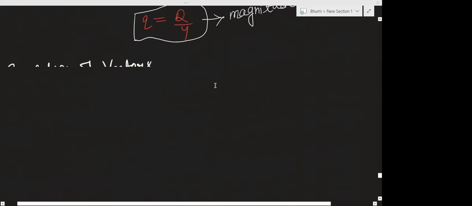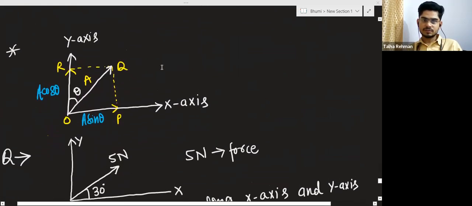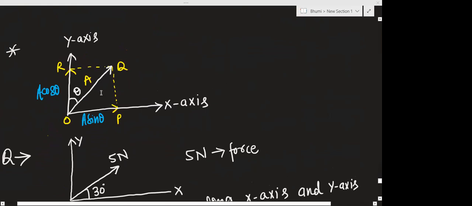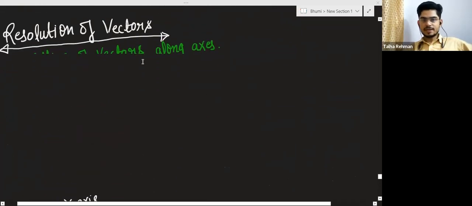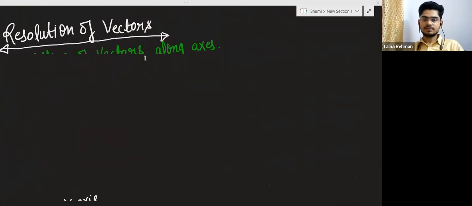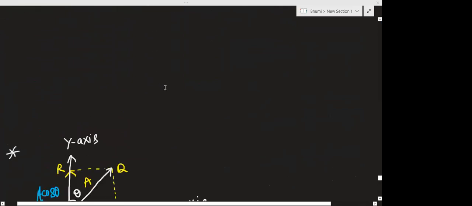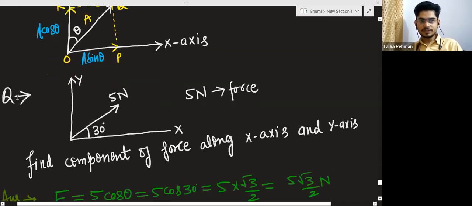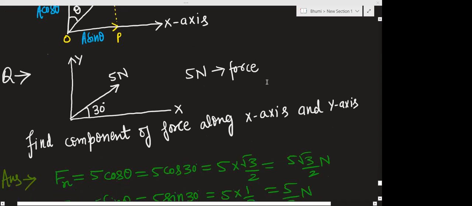Wait for 1 minute. I copied that, sir. You have copied all the things. Yes, till here, the resolution of vectors, the definition. I copied this also, the two graphs. Okay, it will come back. I know that, but it will take some time. I already copied it, so no problem. You have copied, na? Now you are copying the questions. Find the component. Okay. Fine.